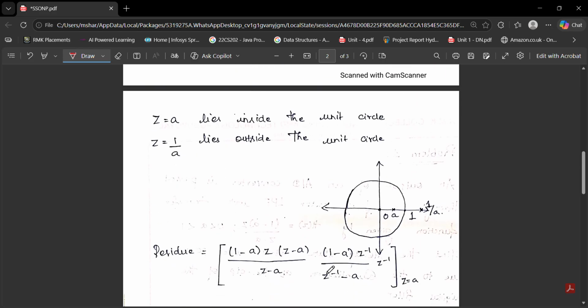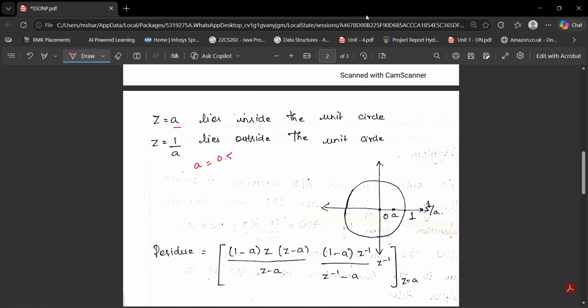Now consider the unit circle. We will be marking this unit circle on the z plane, where the values will be ranging from 0 to 1. Assume this a value, whatever it might be, say a is equal to 0.5.